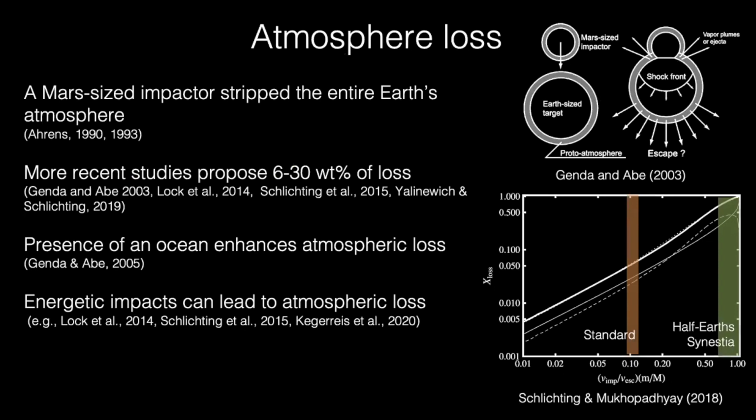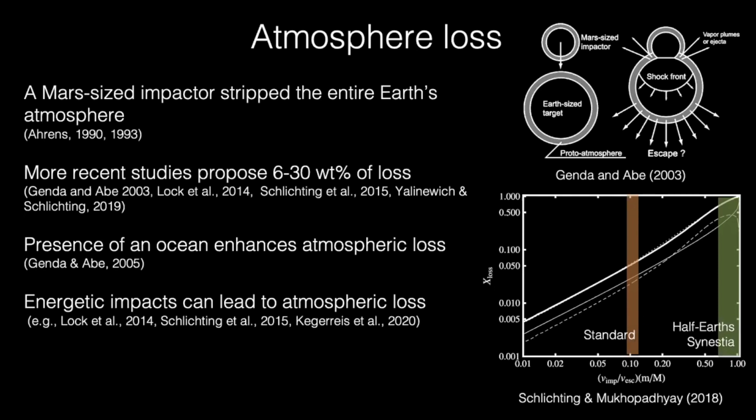Okay, and also the moon-forming impact has implications for atmospheric loss. Originally, we thought that the Mars-sized impact would have stripped off the entire Earth's atmosphere. But more recent studies indicate that actually a large fraction of the atmosphere would have survived.